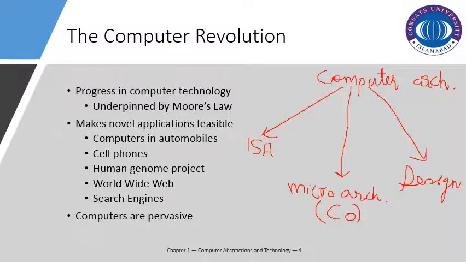There are also specific projects related to the human genome, and development in the World Wide Web and search engines. All the vast development in these fields comes under the computer revolution, and the system is progressing at a certain pace as far as the hardware and software components are concerned.